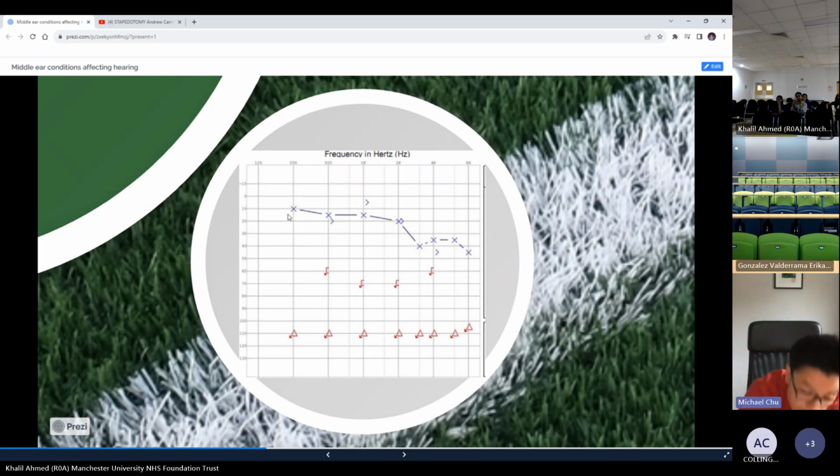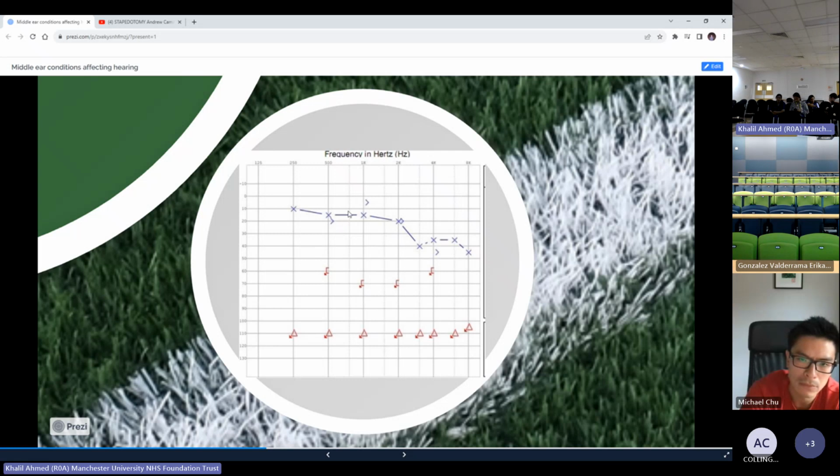Which ear do you think is the bad one? It's the left. I don't know why they put a triangle there, because in some nomenclature, the triangle does mean the other side. So this is the right ear. And this is unmasked. When it's just a greater than sign, it's unmasked bone conduction.